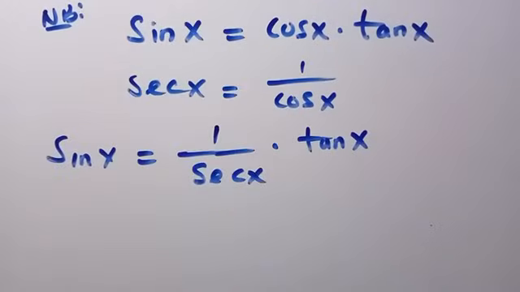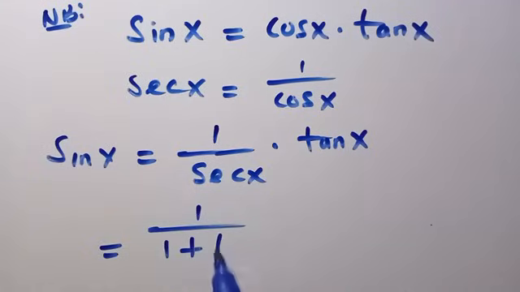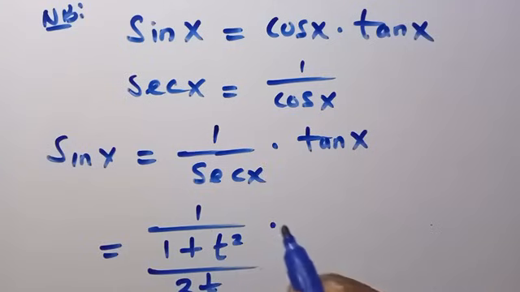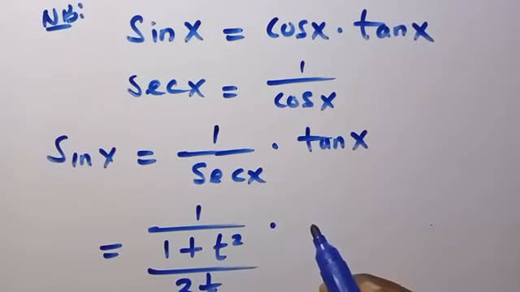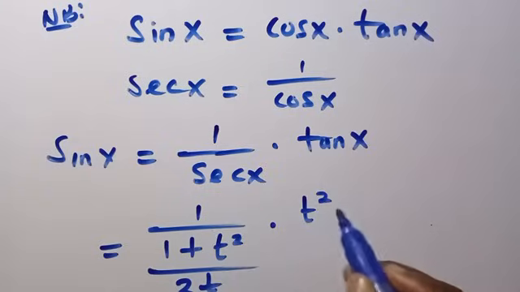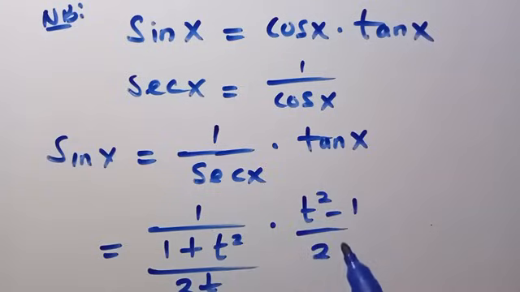By replacing sec x with its value, we have 1 over 1 plus t squared divided by 2t, multiplied by tan x, which is given as t squared minus 1 divided by 2t.